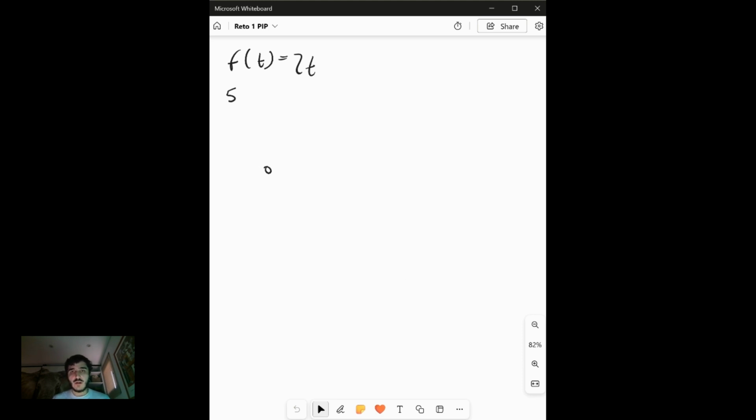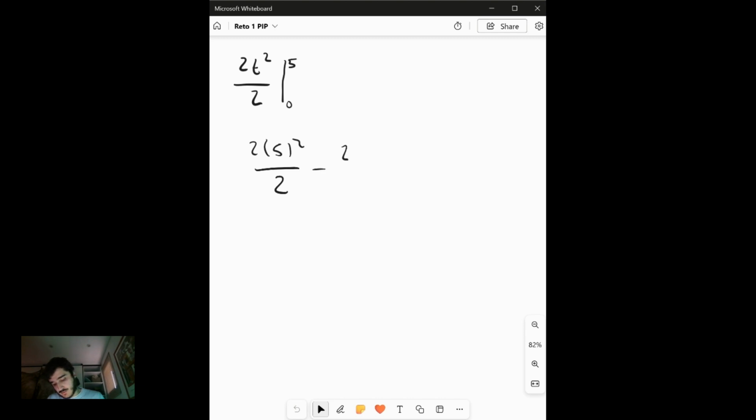Okay, so now if we replace it back, it would be (2t) squared over 2, evaluated from 0 to 5. Now we have to solve this, right? So we know that this would be 2 times 5 squared over 2, minus 2 times 0 squared over 2.